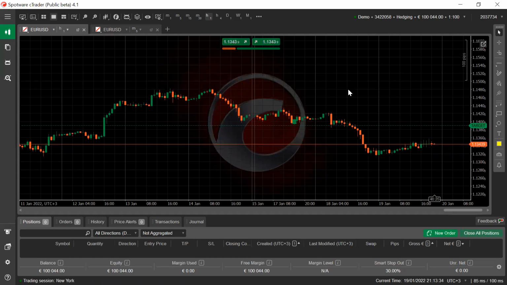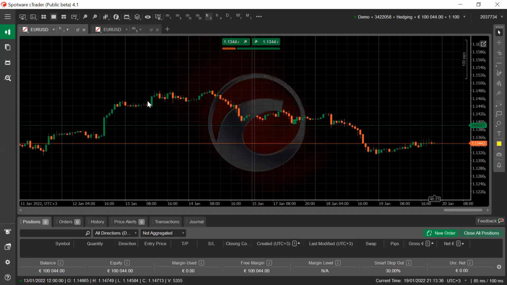I had mentioned something interesting earlier, that if you want to trade like the 1 hour, you have to use the fractal nature of the market.